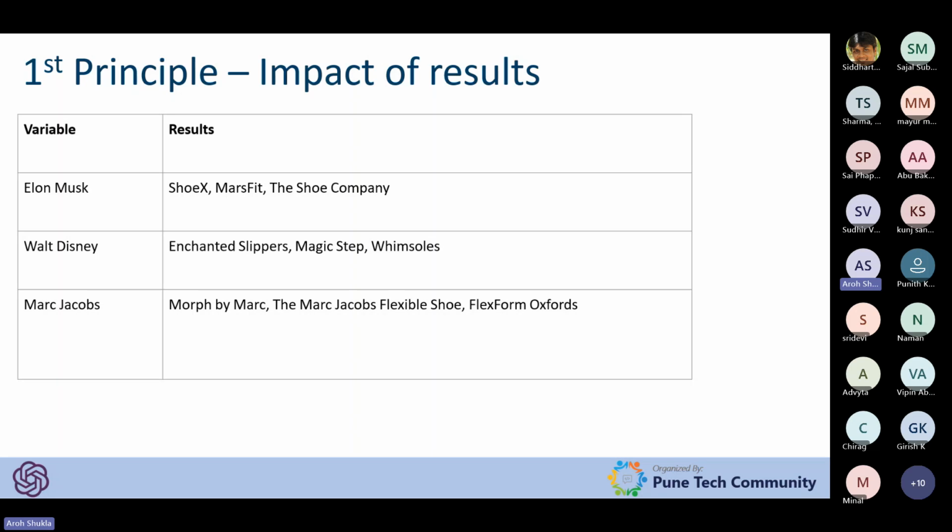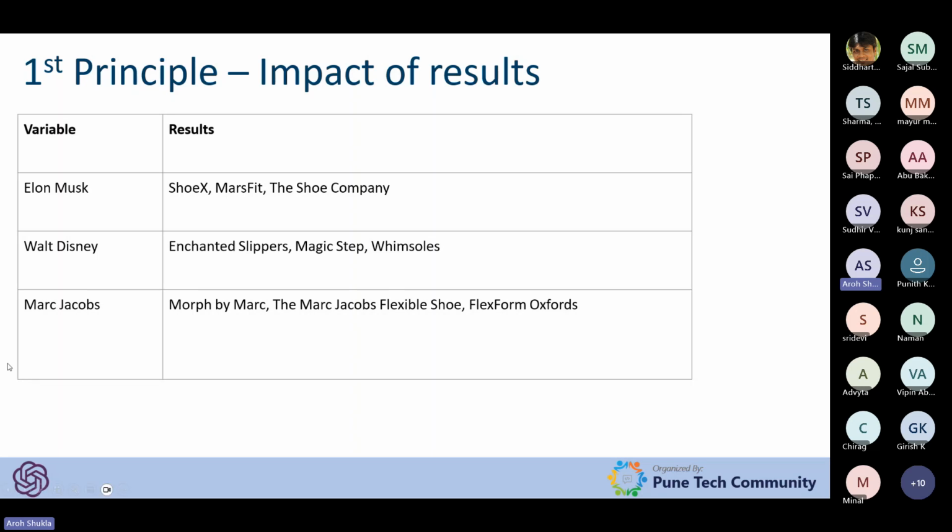For the second example, I can change from Steve Jobs to maybe Elon Musk. So we'll get results like X, Musk. That kind of result you'll get. For Disney, we'll get Enchanted or some example for Magic, because from Disney there's always something about an enchanted forest or some magic.